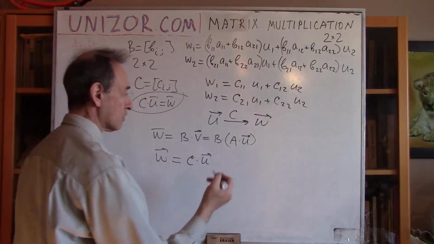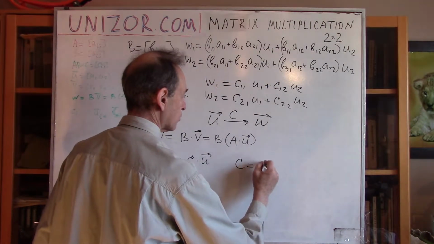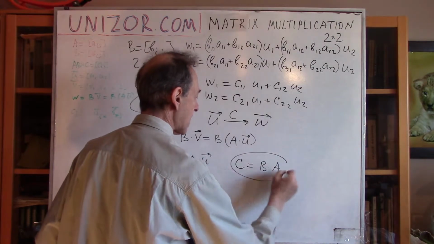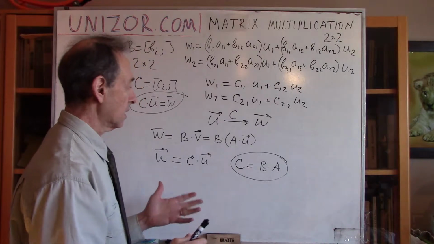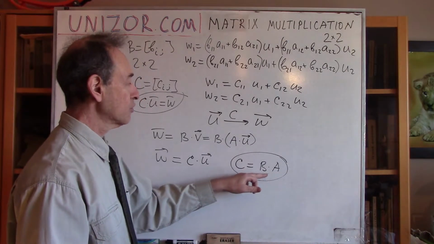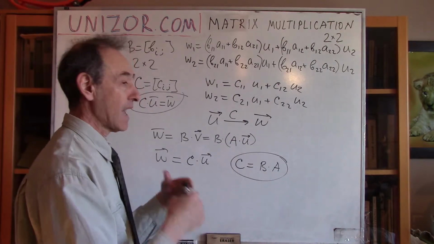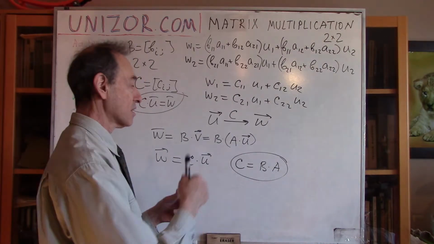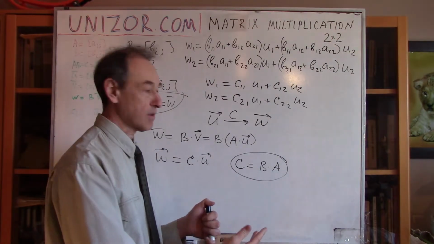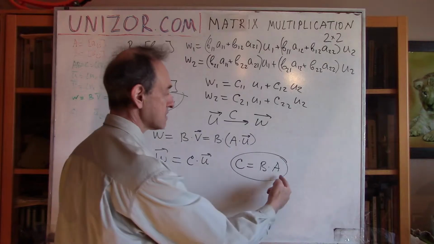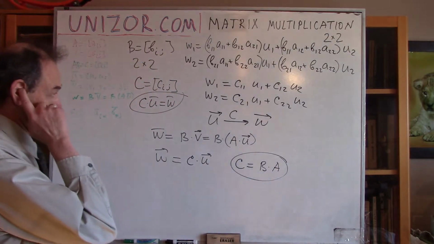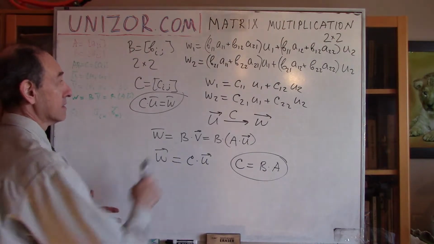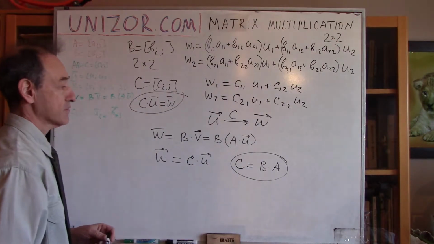So it's very natural to say that C is equal to B times A, because that would give me exactly what I want, meaning that the product of two matrices is a single transformation which combines in itself two transformations consecutively applied. First A and then B. Okay? And this is a definition of this multiplication.